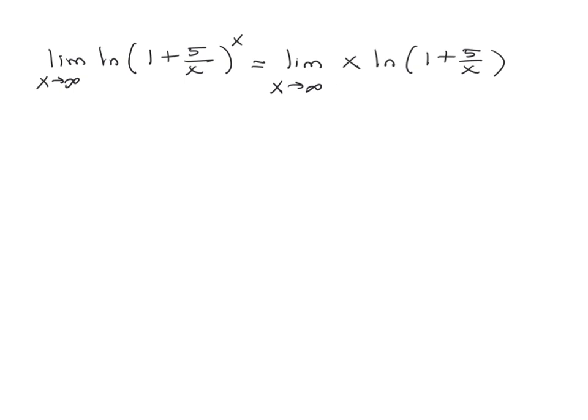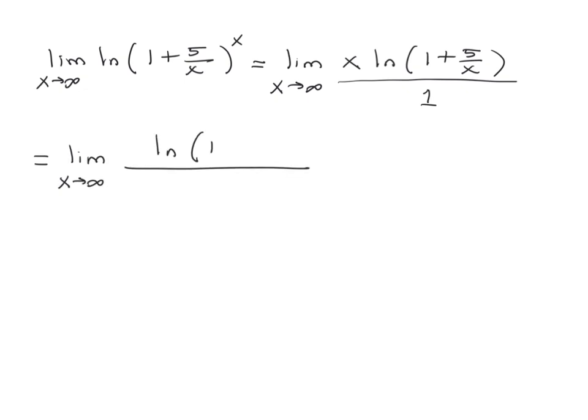So I know it has to be divided by something, and currently our denominator is equal to 1. We can take this x and place it into the denominator if we write it as 1 over x. So this is the limit as x goes to infinity of, the top is just going to be the natural log of 1 plus 5 over x, and in the denominator, I'll put 1 over x.